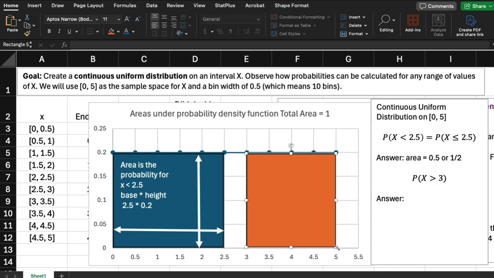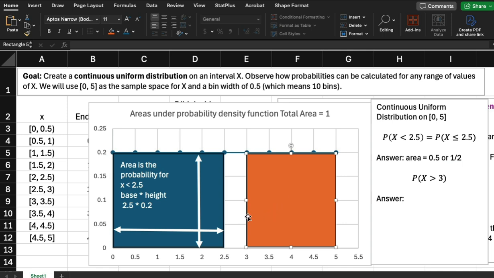It has to stop at 5 because it doesn't go past that point, and it has to start at 3, right? So the orange rectangle here is showing you the area, or the probability, that x is greater than 3. That's how you would visualize it on this graph.